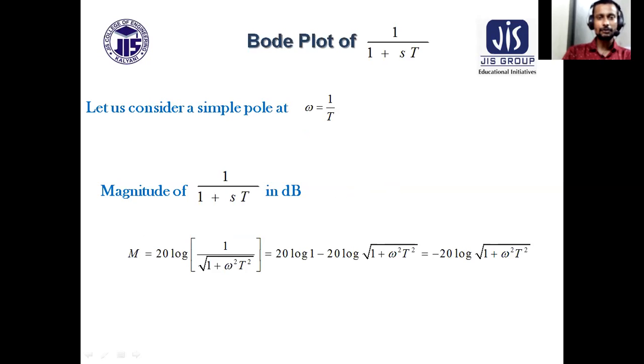The magnitude of 1 by 1 plus sT will be as follows.